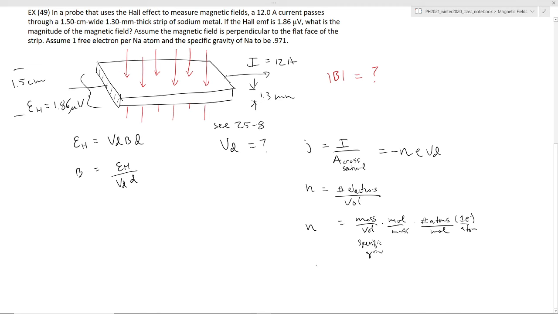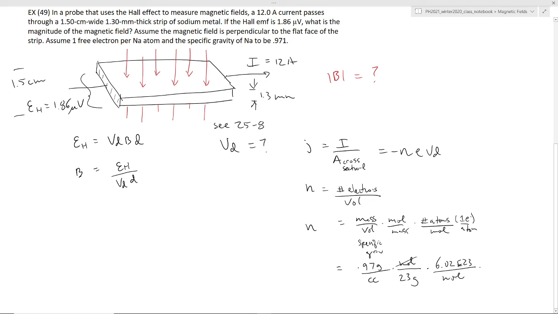So let's do that. This will be 0.97 grams per cc, times the molar mass of sodium, which is 23 grams per mole, times 6.022 times 10 to the 23rd particles per mole.